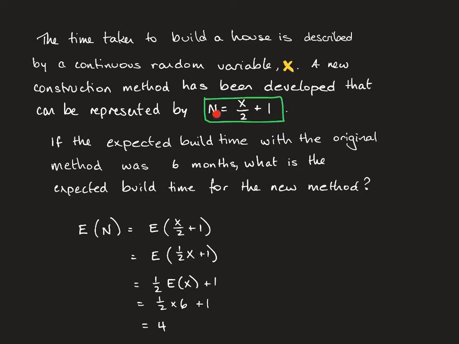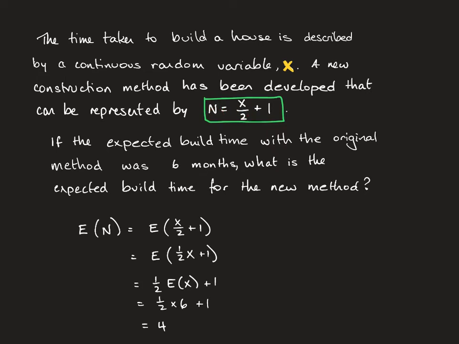So basically this new method takes the old method's values, divides them by 2 and adds 1.